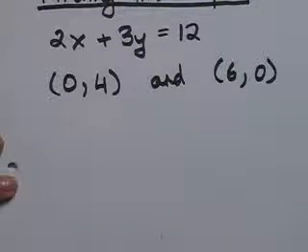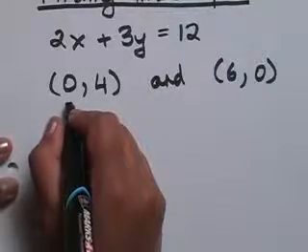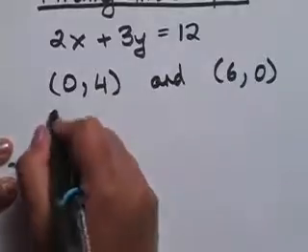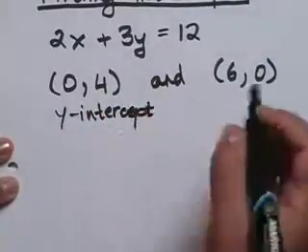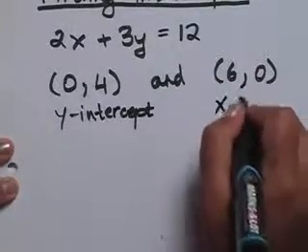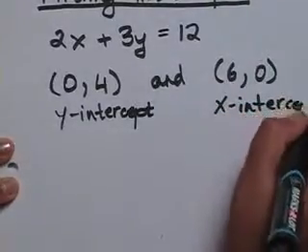These two solutions were actually your x and y intercepts. The ordered pair (0, 4) was your y-intercept, and your solution (6, 0) was the x-intercept.